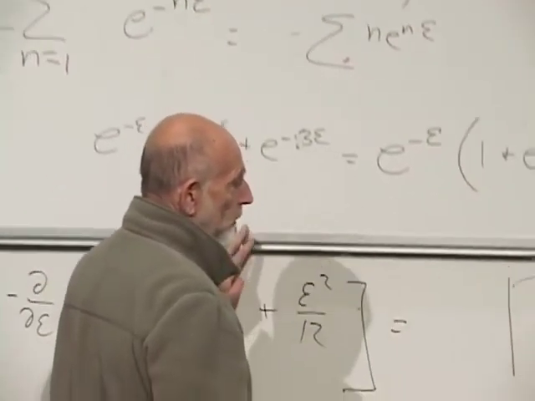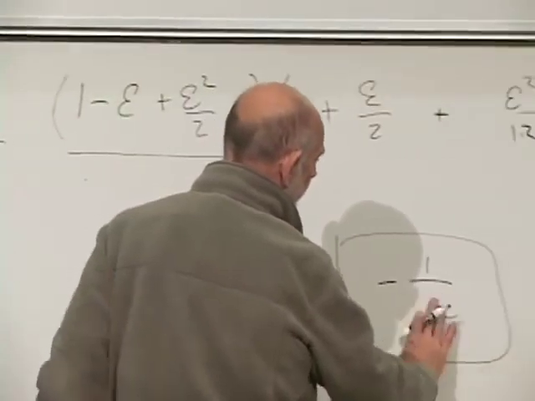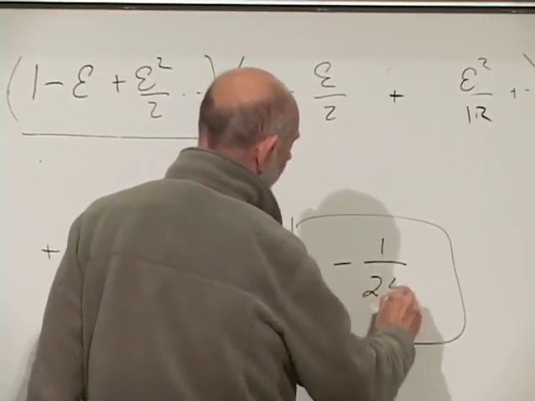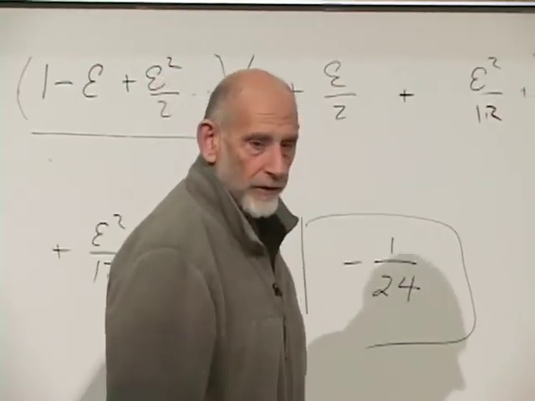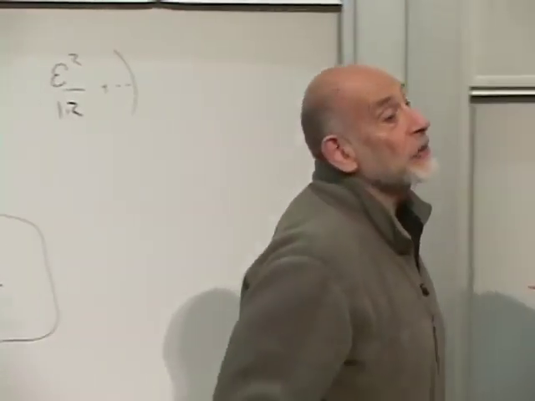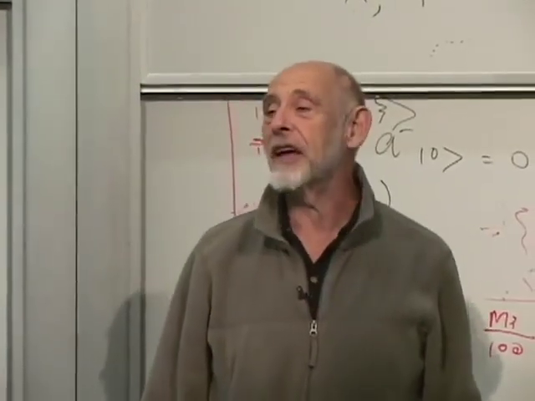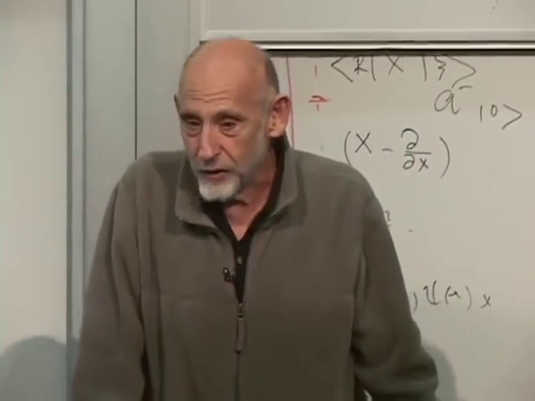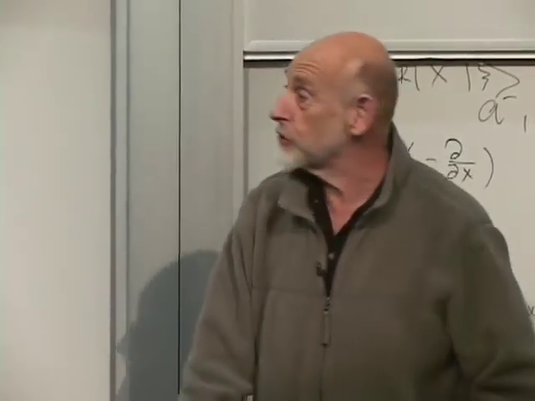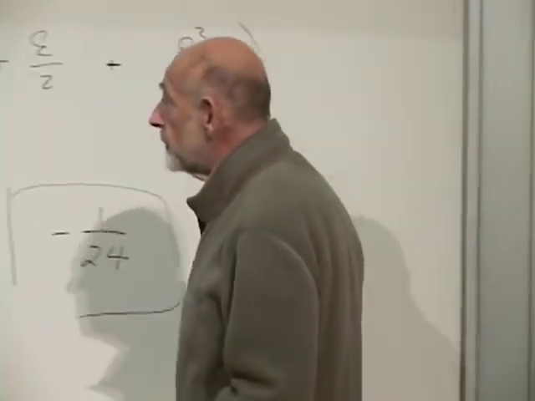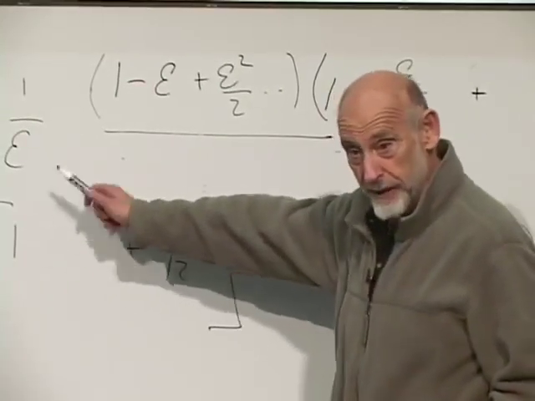So it's actually minus 1 over 24. That minus 1 over 24 is the energy of the ground state, including the 0-point oscillations, but throwing away a certain infinite term, which we're going to have to explain away later.